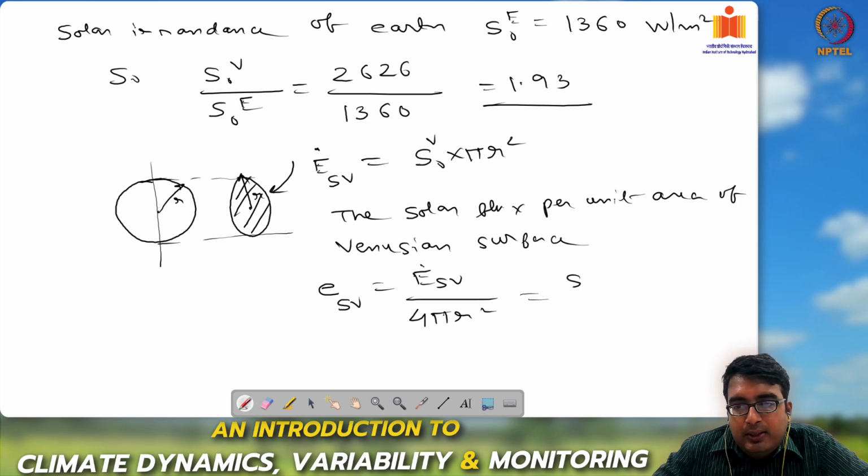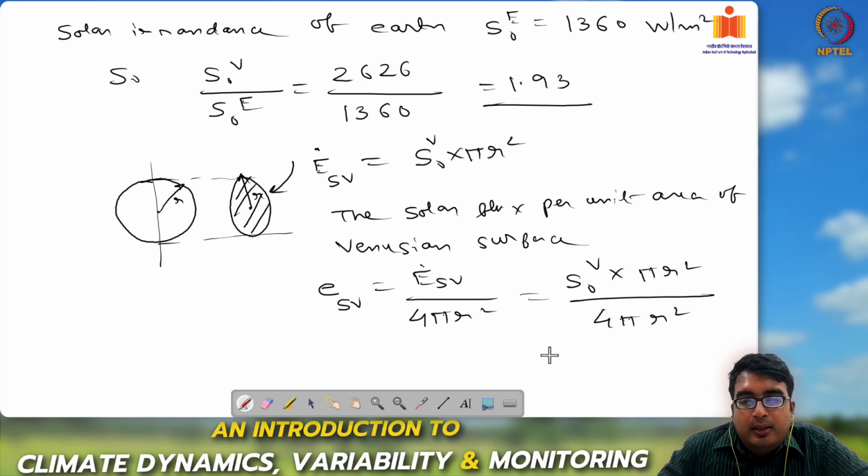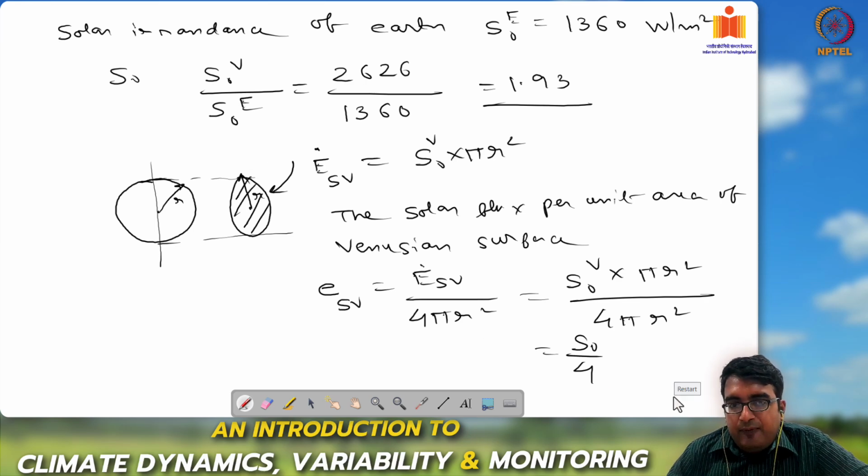So this is S0V into pi r square by 4 pi r square, equals S0 by 4. So just like Earth, the solar flux per unit area at the top of the atmosphere is S0 by 4.